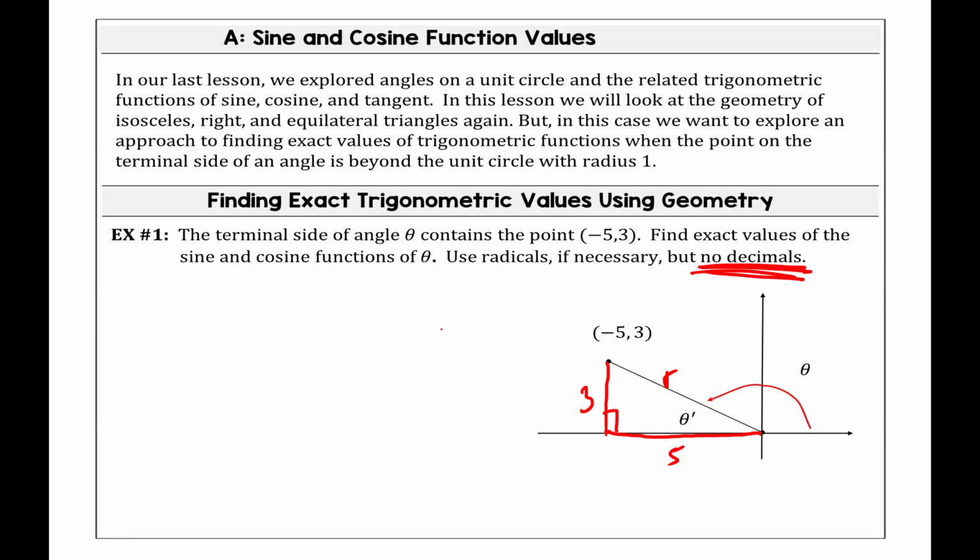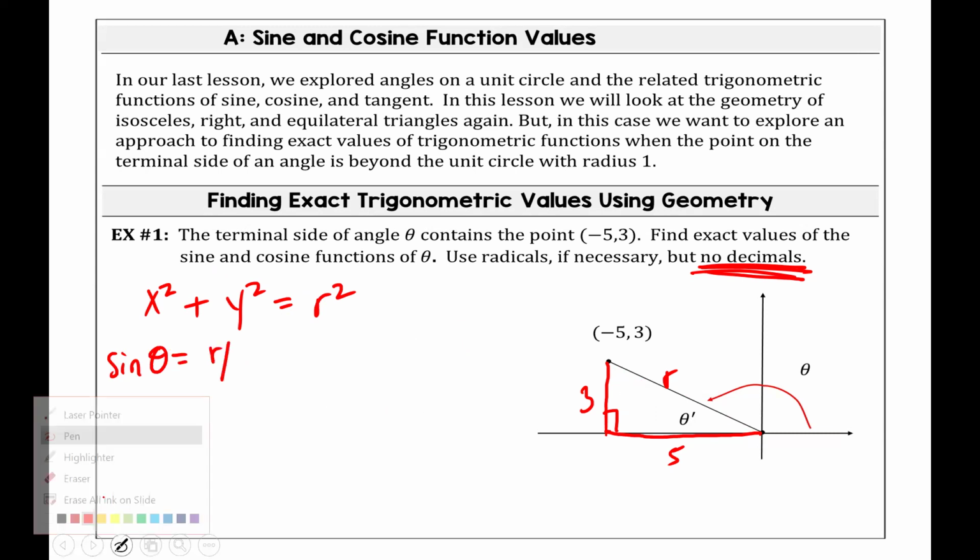Okay. So with this in mind, we know that x squared plus y squared equals r squared. Do we see that? Okay. We know that sine of an angle is going to equal x over, that's not an x. I knew that.